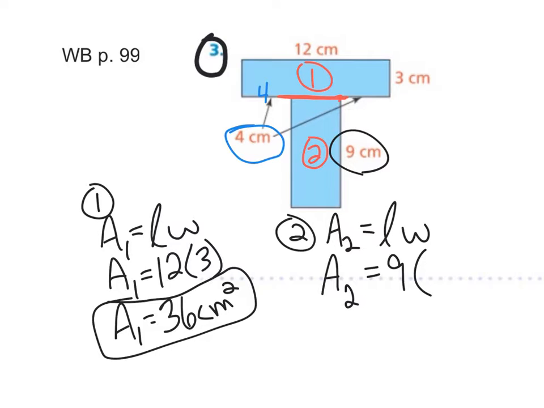So this is 4 centimeters here, this is 4 centimeters. If you notice at the top, we've got 12 centimeters. That's going all the way across. So we've got 4 and 4 already taken care of is 8.